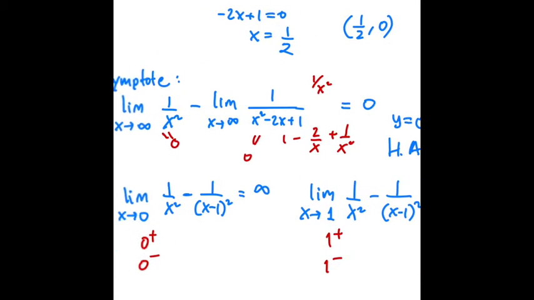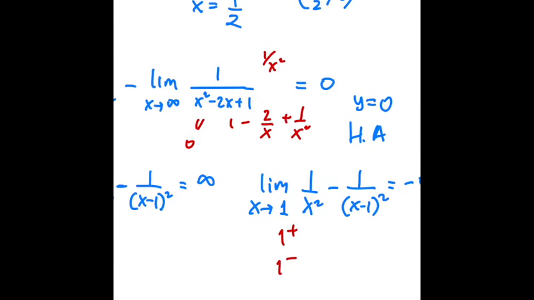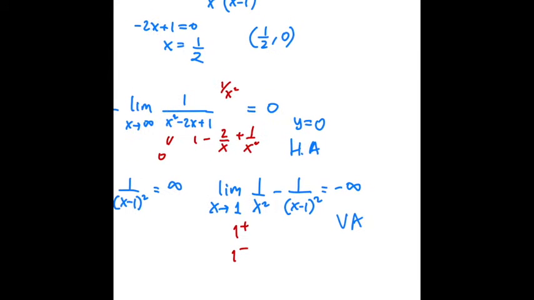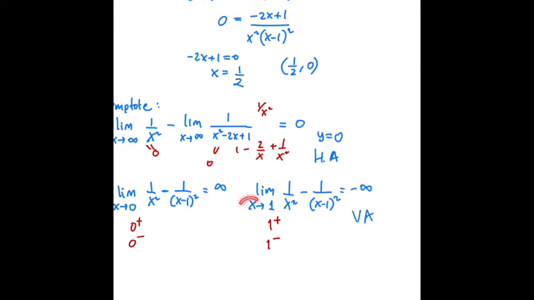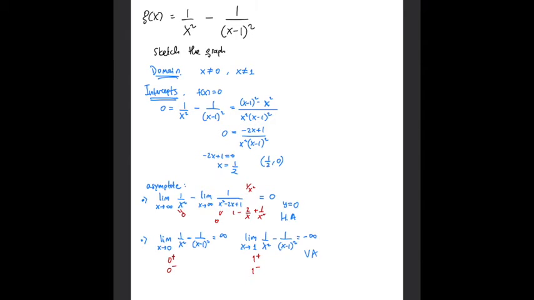And same thing with the vertical asymptote, we can check as x approaches 0 and 1 from our domain. So x equal 1 and x equal 0 are our vertical asymptotes. At least we get the asymptotes now.